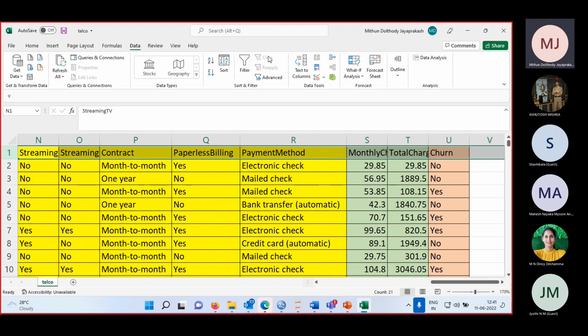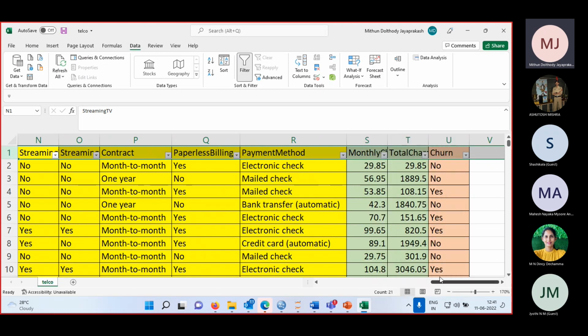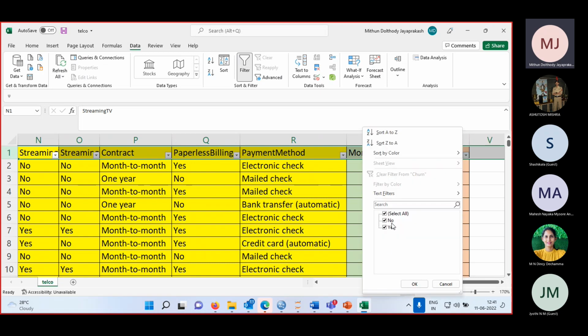Okay, so let me apply a filter here and look at churn. Do you see two categories? No versus yes. So we are trying to model whether a person has churned or not. And as you can see, there are two categories, non-churners and churners. So this is a fit data set for us to try a binary logistic regression model. Last class we had housing price. There the dependent variable was scale.